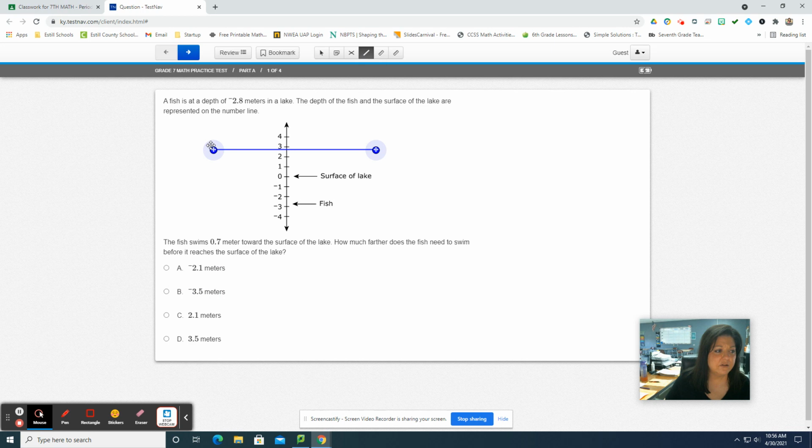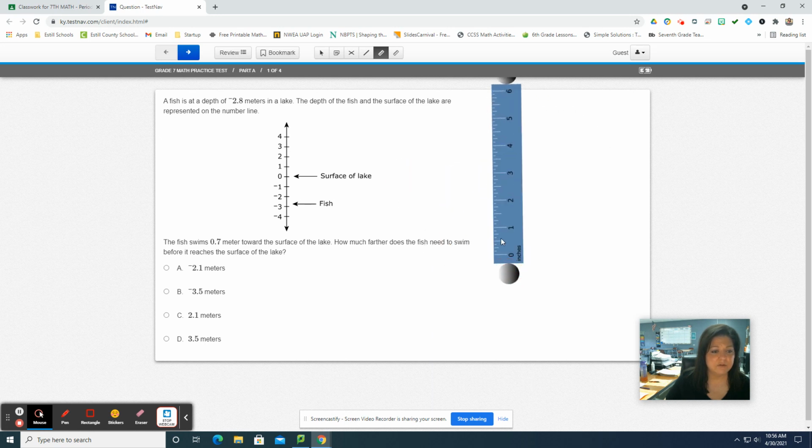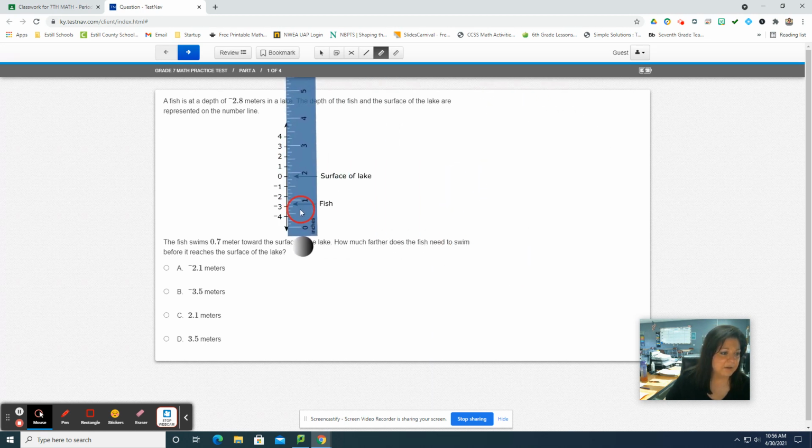We have a straight edge, and we might use a straight edge to help solve a problem, maybe on a graph, to help to see if something makes a straight line. We have an inch ruler. You can move it around if you need to measure a vertical line. If you measure this line, it looks like it is 4 inches.